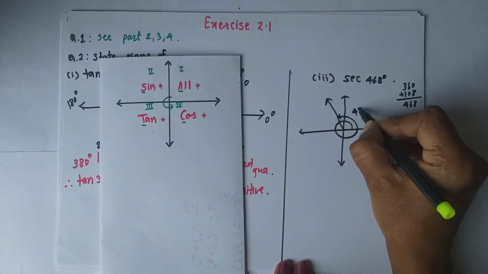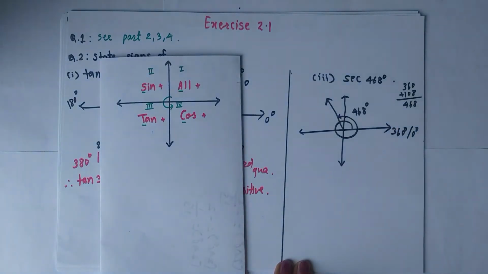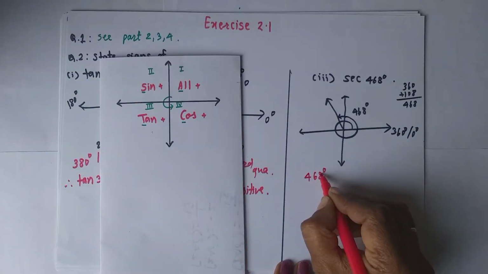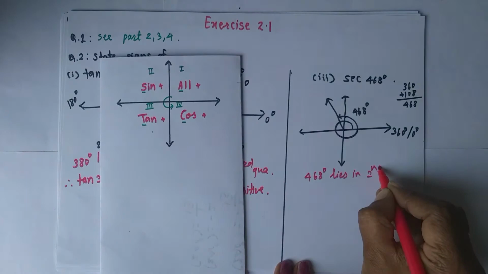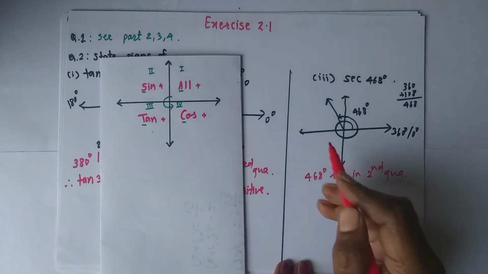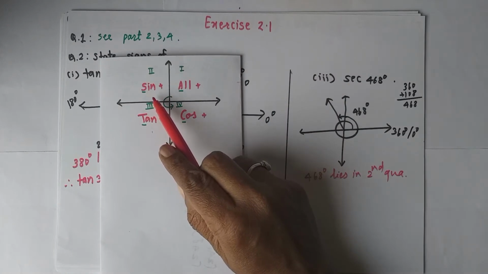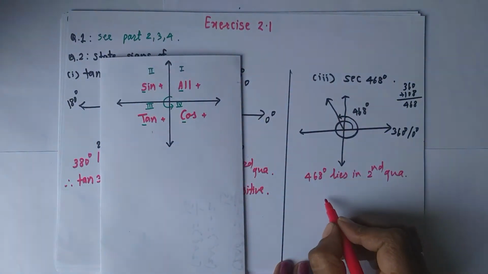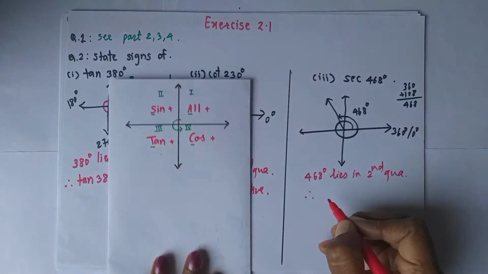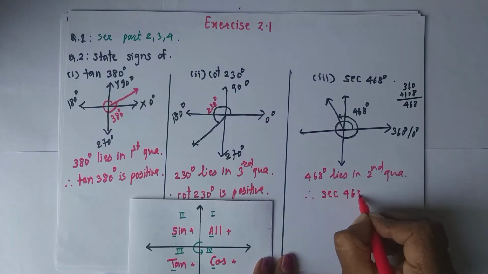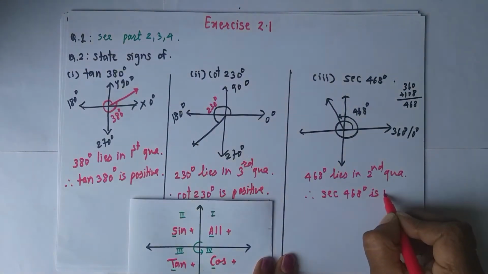This is the angle of 468 degree. You write down 468 degree lies in second quadrant. And see, in second quadrant, sine and its reciprocal cosec will be positive and the remaining trigonometric functions will be negative. Therefore, sec 468 degree is negative.